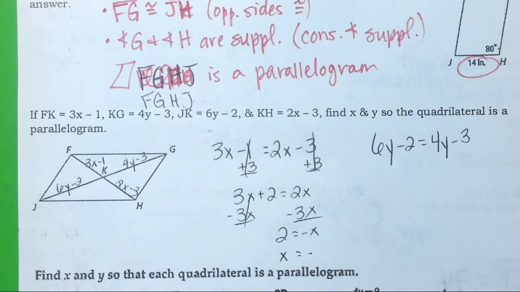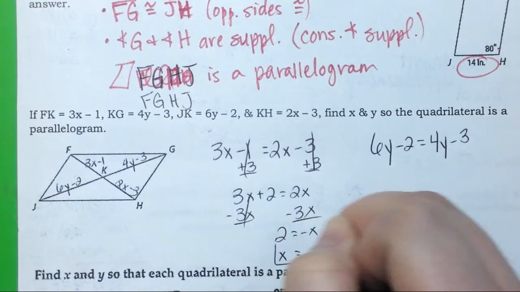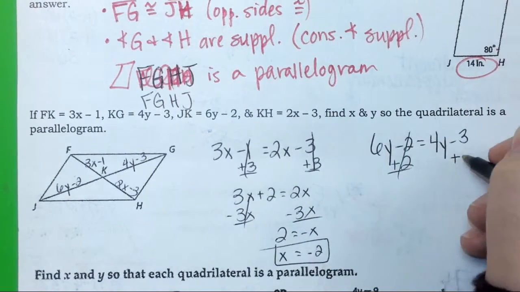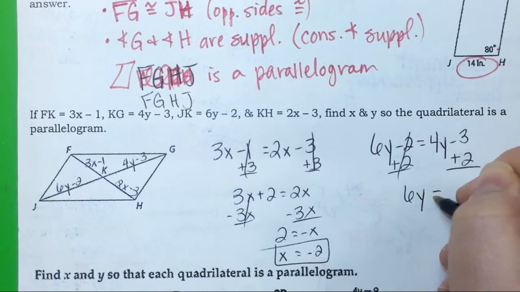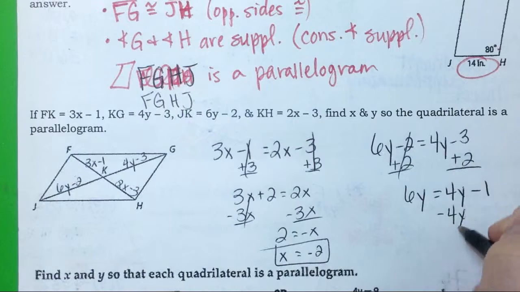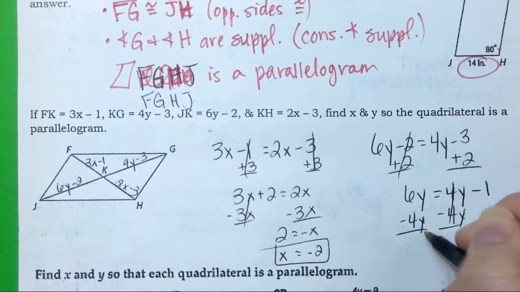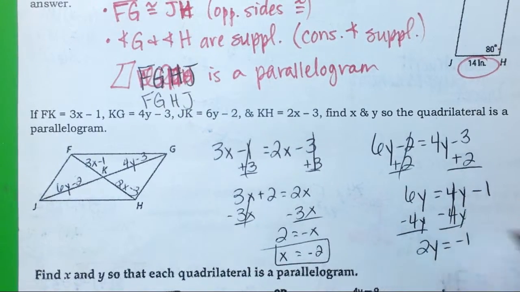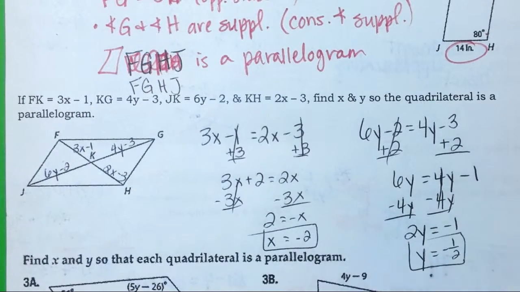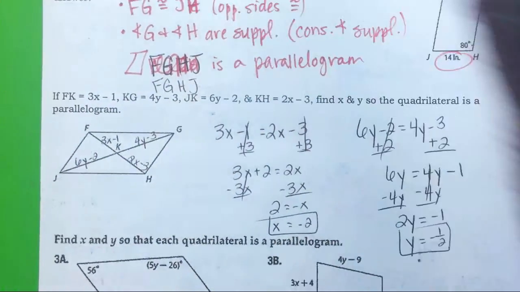Oh no, it is right for once in my life. I don't like that at all. And then y equals negative 1/2. Okay, I can promise you this much. If there was ever an example that I could tell you will not be on the test, it is this one.